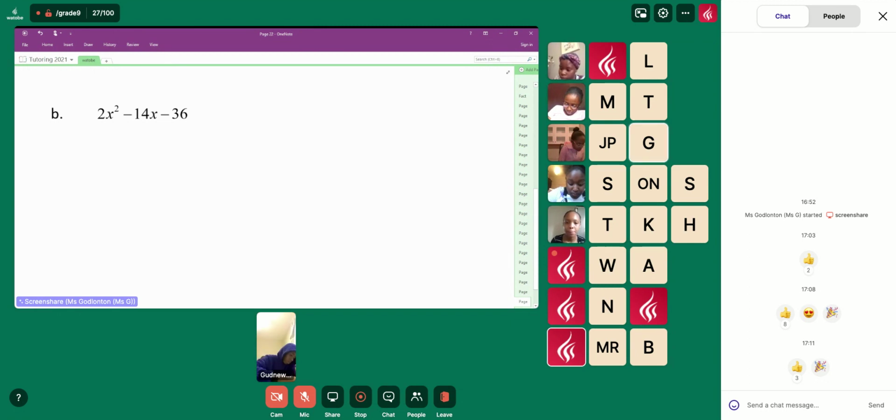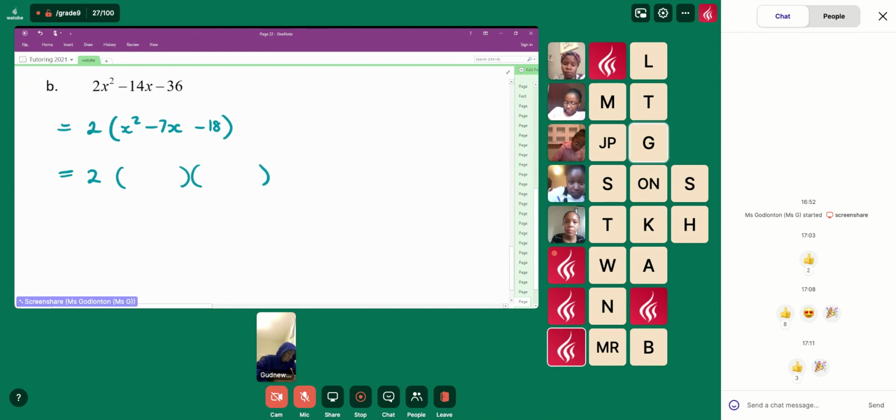Oh, you still got a highest common factor of 2. Excellent. Okay, so once we've done that, what are we left with in our bracket? X squared minus 7x minus 18. Excellent. Okay, now we need to look at that trinomial.